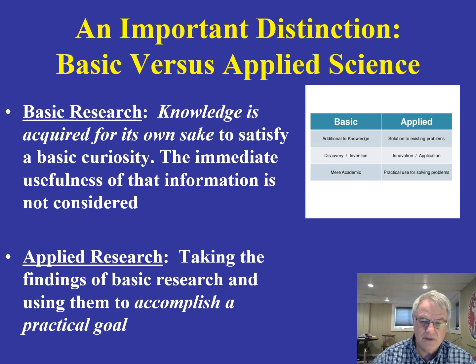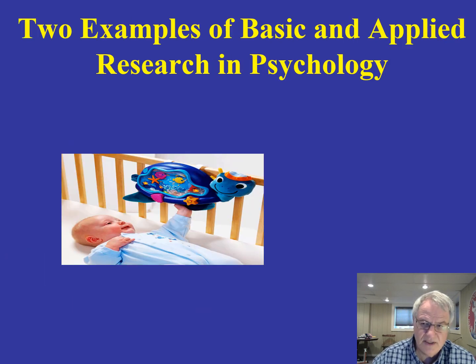Yes, we're interested in application, but we're interested really in understanding what our behavior is a product of and what the factors are that go into controlling our behavior. And yes, that information oftentimes is very useful immediately, but oftentimes it is not. So with that in mind, let me give you a couple of examples of basic and applied research in psychology.